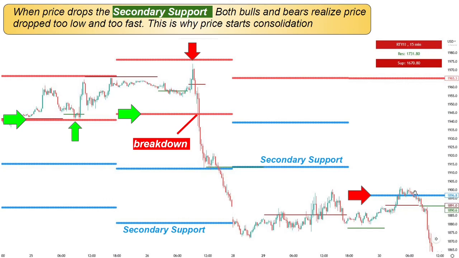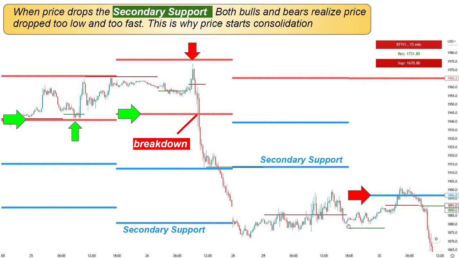The market is still in a downtrend because it closed the day here under daily support, it closed the following day under the secondary support, confirming that the market was still in a downtrend, and the next day bulls try to push price over the daily support.